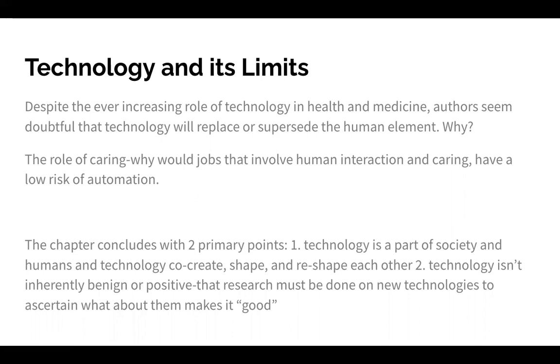And so they talk about that through the role of caring, and that jobs that involve human action and human interaction and caring, this is part of why they have a low risk of automation. That at least right now, people aren't really developing or working on that type of automation technology, because the assumption is there would be a fairly low demand for it.